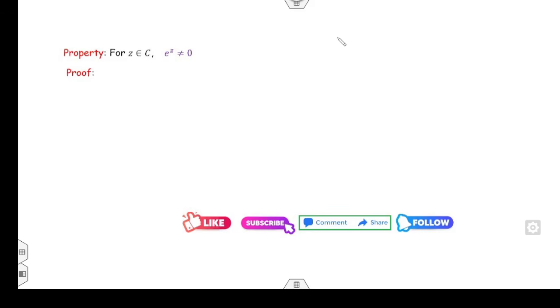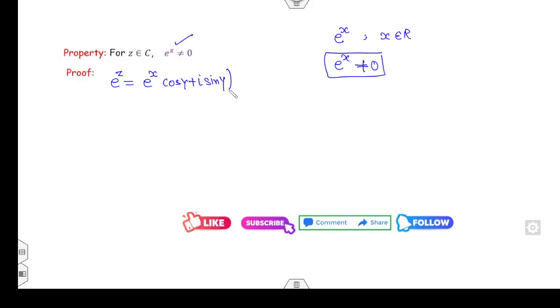The second property is this: we all know that in the real case, whenever x is real, e raised to power x can never be 0. The same property holds for complex numbers as well. How can you prove that? By using the definition, I can write this number as e raised to power x into cos y plus iota sin y.